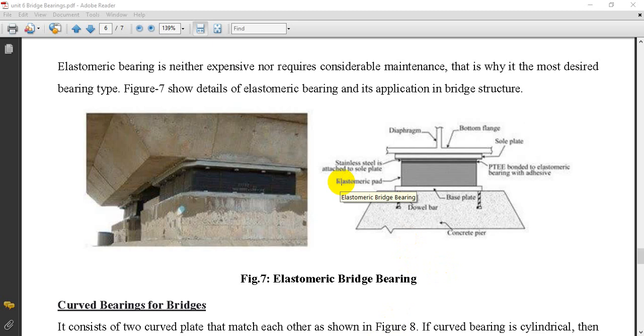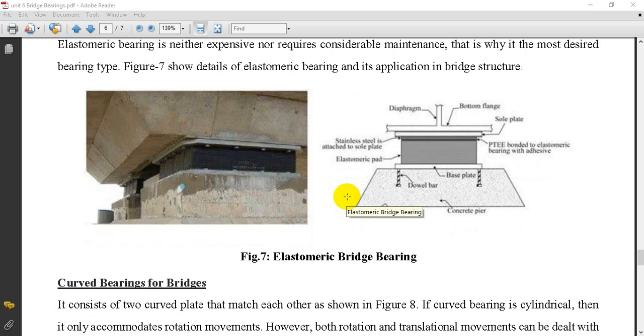Classification of elastomeric bridge bearings is based on the types of reinforcement used, that is steel reinforcement, fiberglass reinforcement, or cotton duck reinforced elastomeric pads. So the strength and response of each type is different.